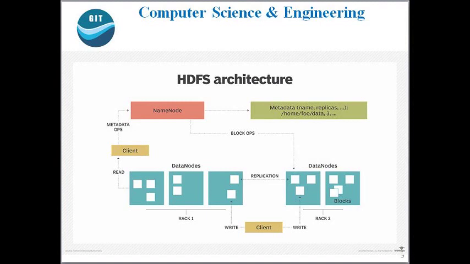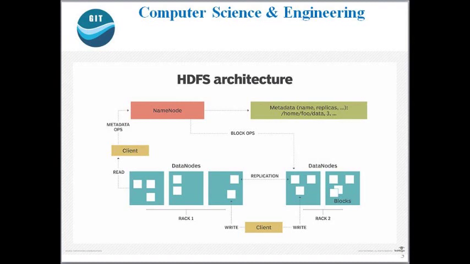Every data node sends a heartbeat message to the name node every 3 seconds to convey that it is alive. When the name node does not receive a heartbeat from a data node for 2 minutes, it will take that data node as dead and start the process of block replication on some other data nodes.